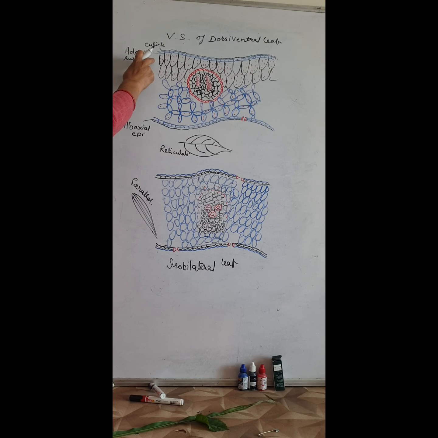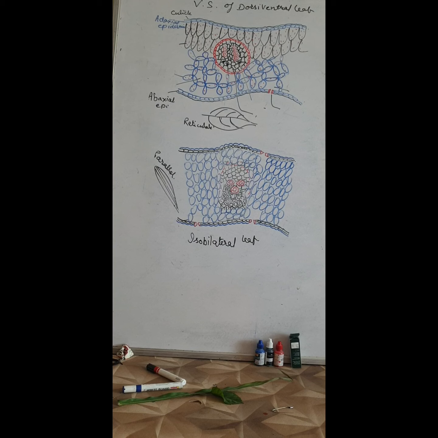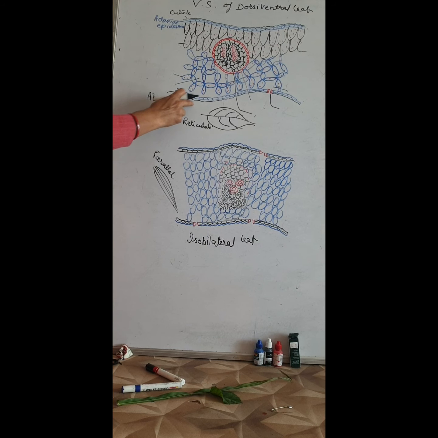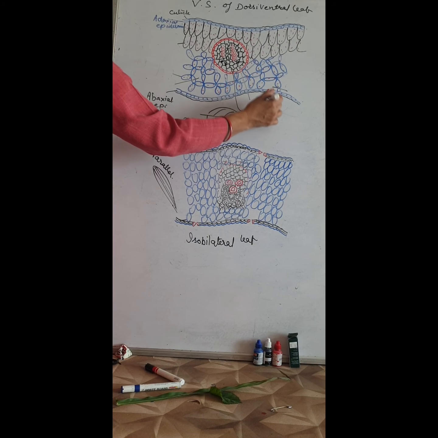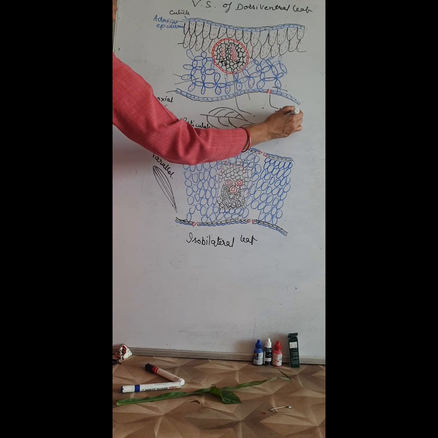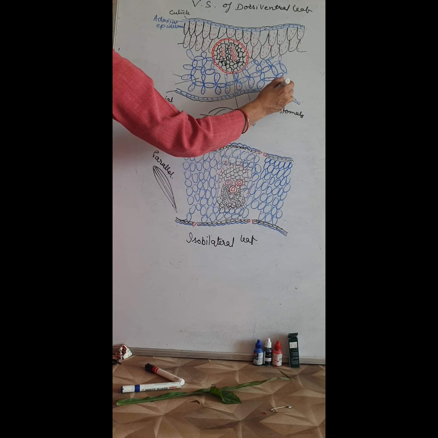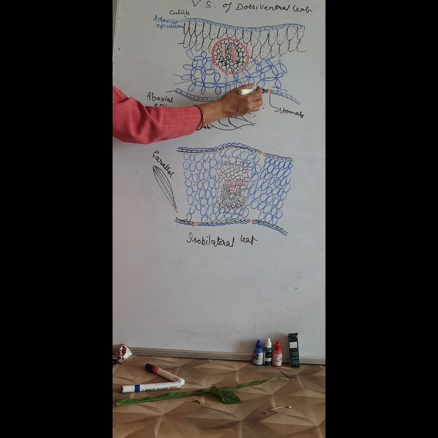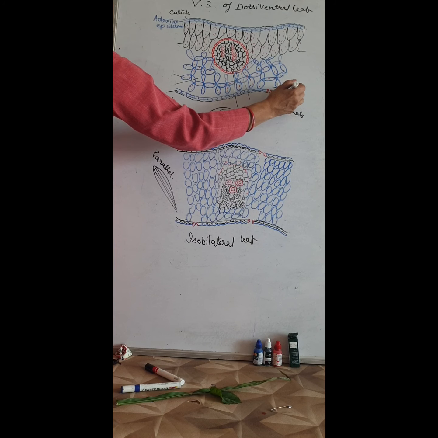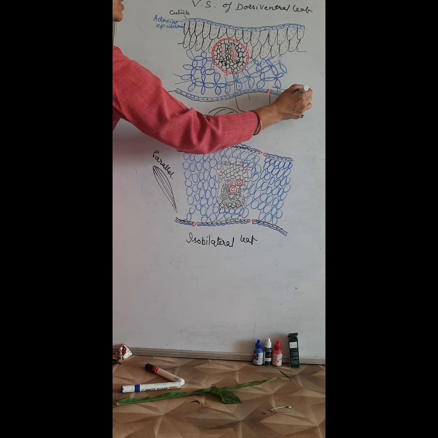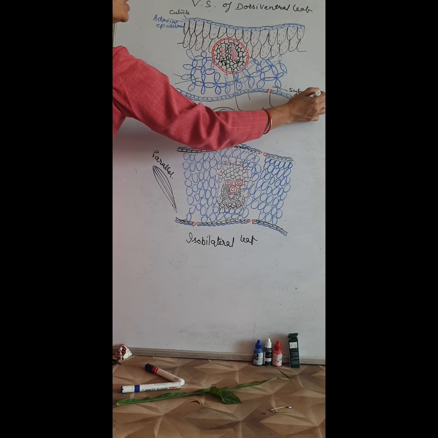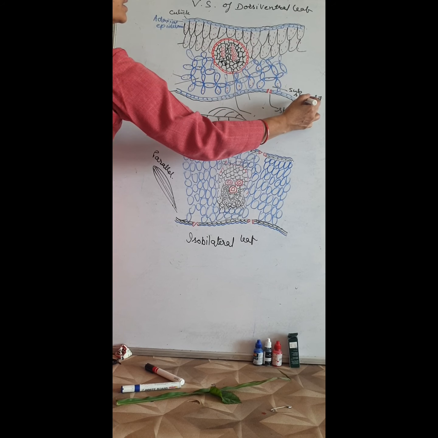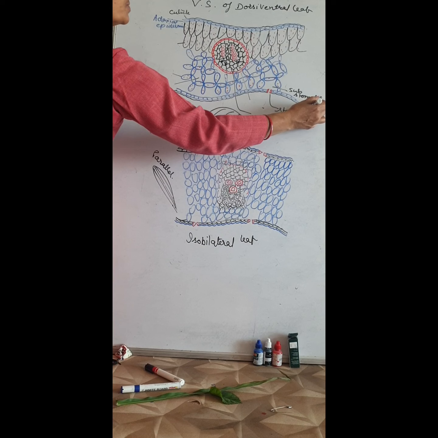The adaxial surface has no stomata. The abaxial surface has the stomata. So these are the stomata and the space just above the stomata is the substomatal cavity or space.